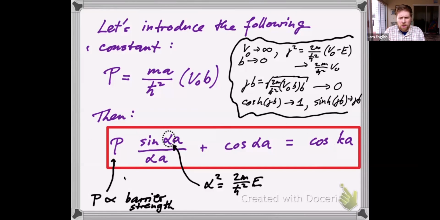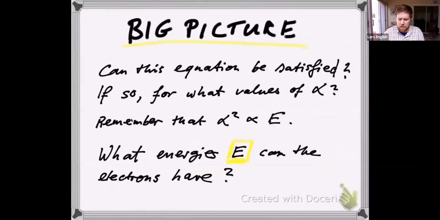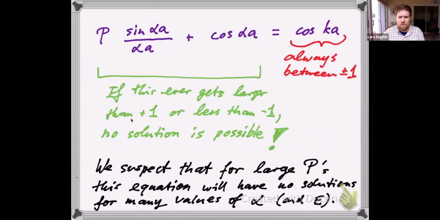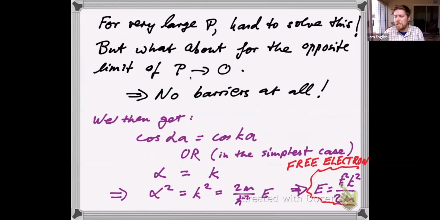That's the equation we want to satisfy. Just to remind you, it may be somewhat difficult to satisfy that equation when P is large. And when P goes to 0, we get no barriers, and we recover the free electron equation.